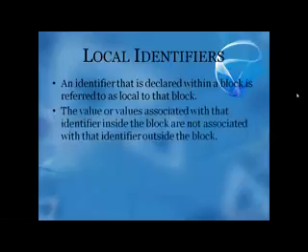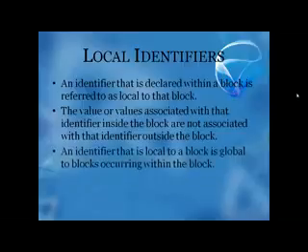An identifier that is declared within a block is referred to as local to that block. The value or values associated with that identifier inside the block are not associated with that identifier outside the block. An identifier that is local to a block is global to blocks occurring within the block.